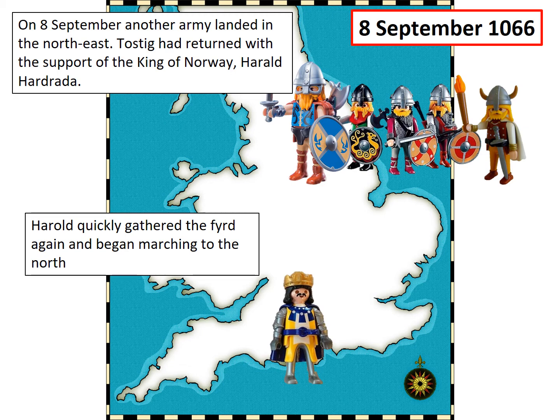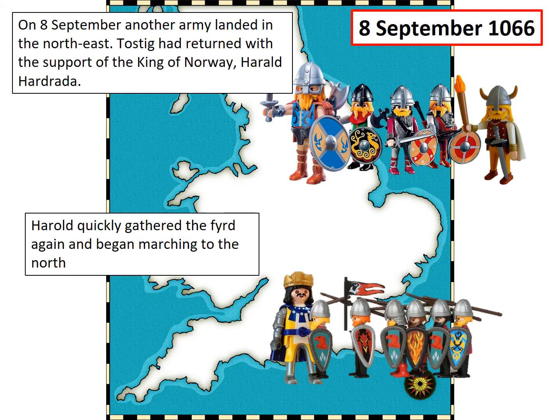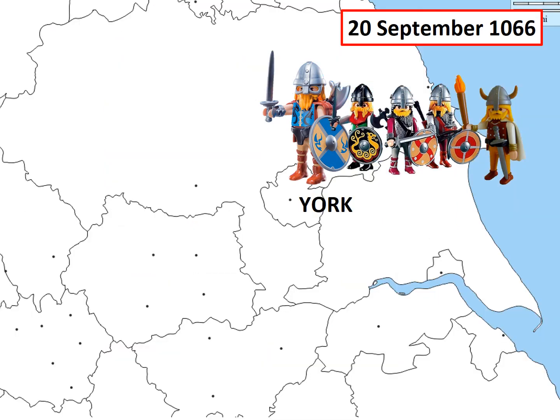Harold, down on the south coast, quickly gathers the Fyrd again and begins marching north. This is going to take him a while. And the Fyrd are there, ready to go north. Now let's focus in on York, because by the 20th of September of 1066, Harald and Tostig have made their base in York.